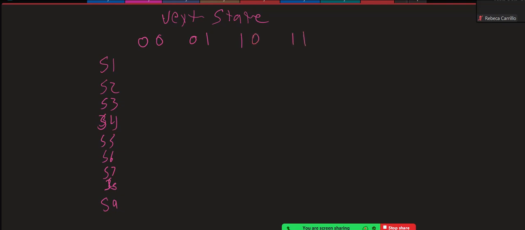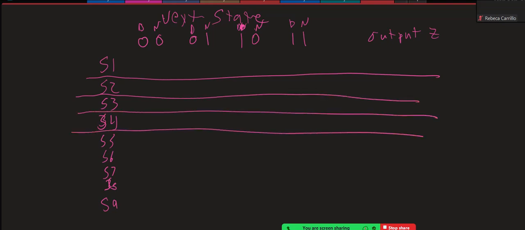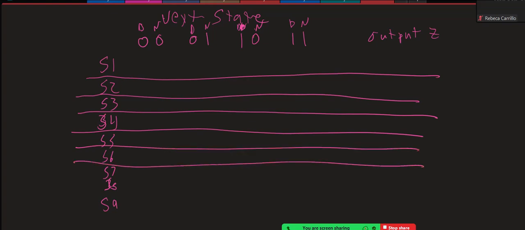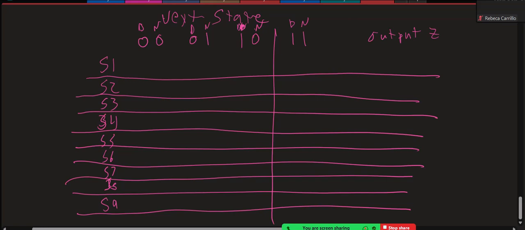And I'm going to say these are in the order of DN. And our output Z. And it's a Moore machine, so the output depends just on the state. And so our 1, 1 column is all a bunch of not specifieds.